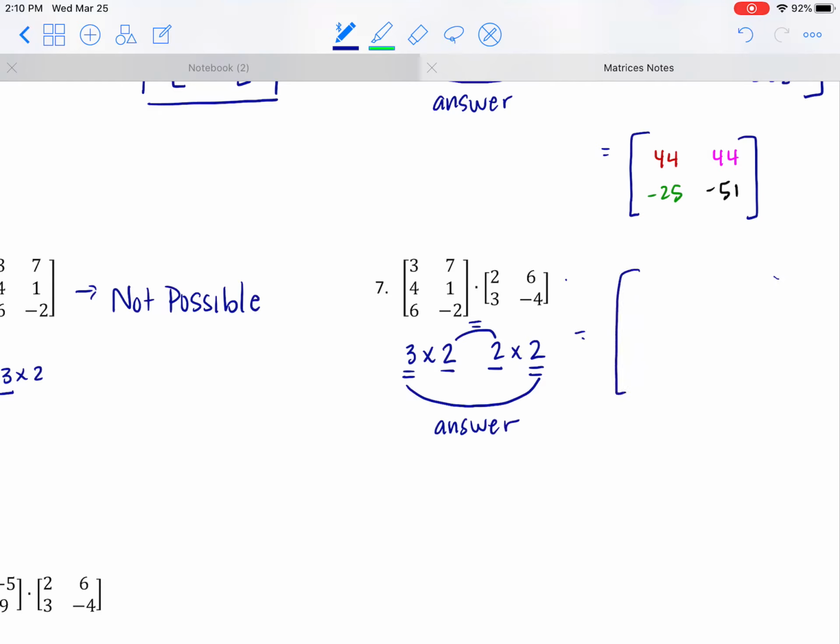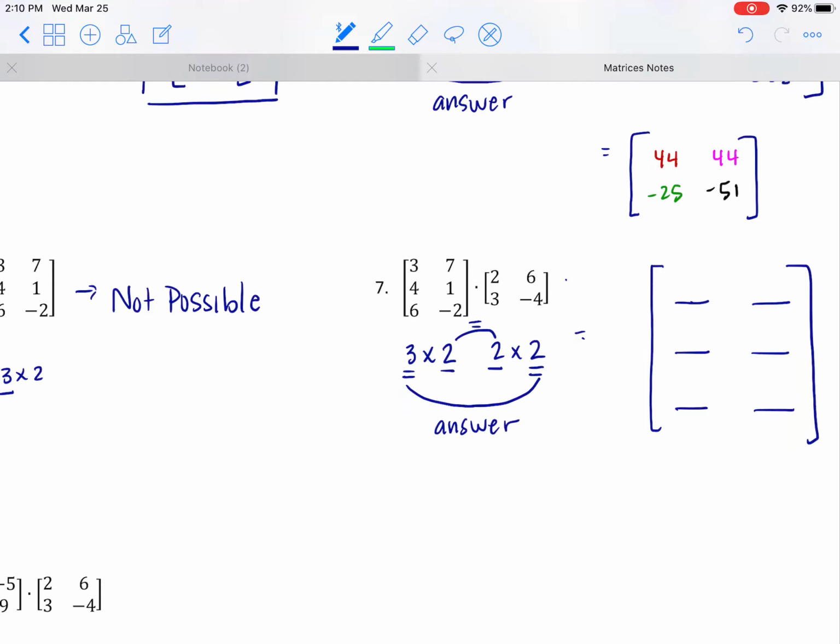So our answer is going to be a 3 by 2 matrix, 3 rows, 2 columns. Okay, so we've got 6 entries to go into this matrix.